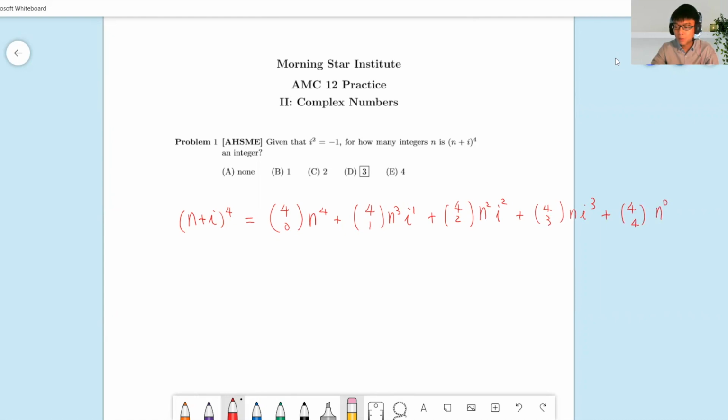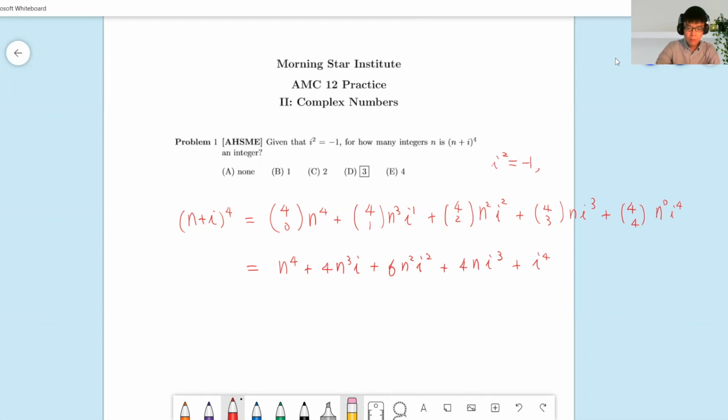So when we expand it, this equals n^4 plus 4n^3 i plus 6n^2 i^2 plus 4n i^3 plus i^4. Since we know i^2 equals minus 1, i^4 equals 1.